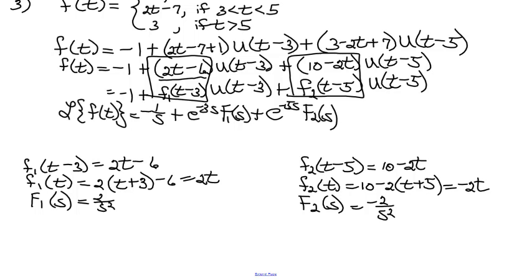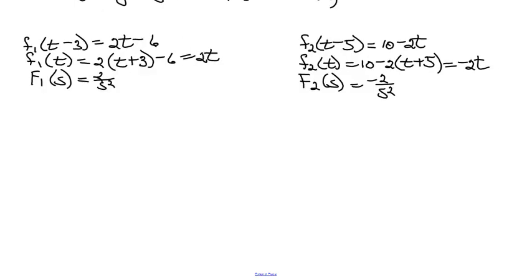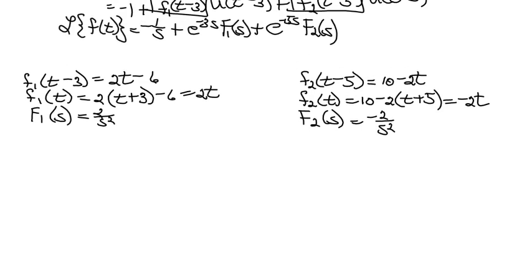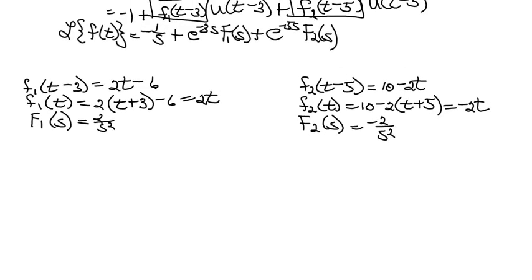Okay? So now back to the Laplace of the original function that was given to me. I went a little bit too far. Let me back up just a little bit. All right. So we were at the Laplace of f of t. Let me come back down here and continue with that.